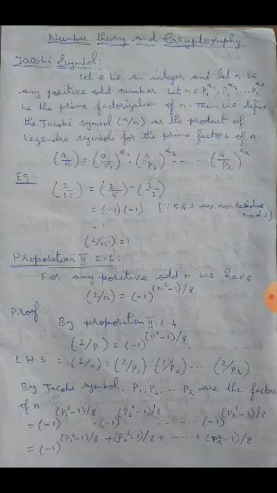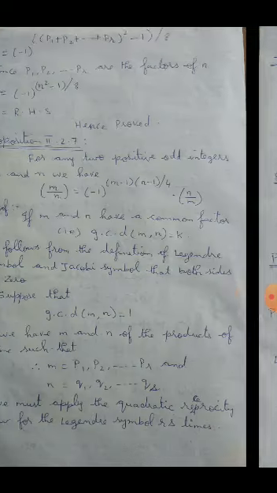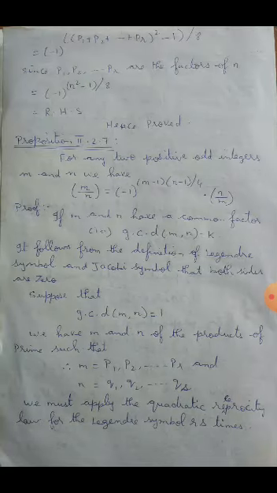Take this minus 1 base as common. So minus 1 power (p1 square minus 1) by 8 plus (p2 square minus 1) by 8 plus etc. (pr square minus 1) by 8. That is equal to minus 1 whole power, you can write it as (p1 plus p2 plus etc. pr) whole square minus 1 by 2.